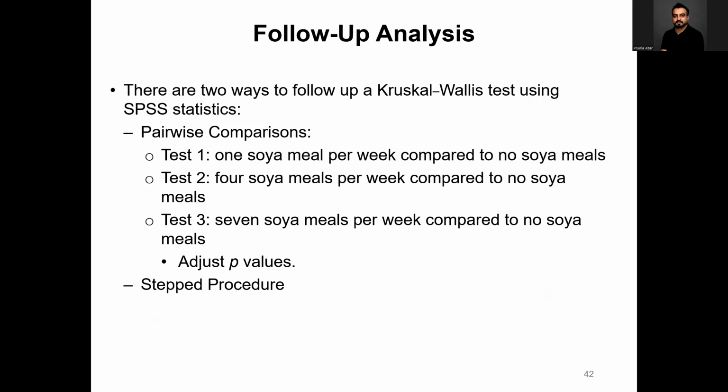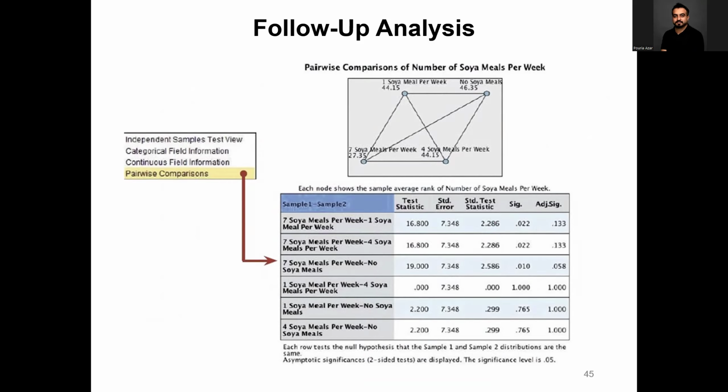This is the table for pairwise comparison between 2 groups. Again, it provides test statistic and p-value for us. And if the significance or p-value is less than 0.05, then I can say there is a significant difference for sperm count between, let's say, 7 soy meals per week and 1 soy meal per week.